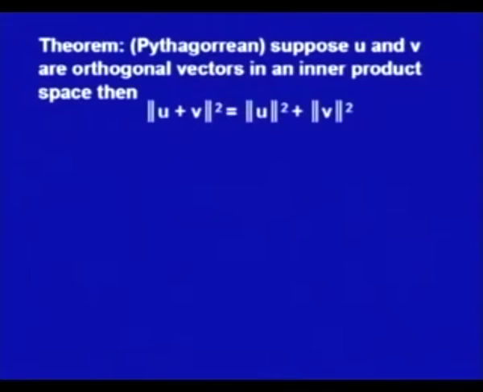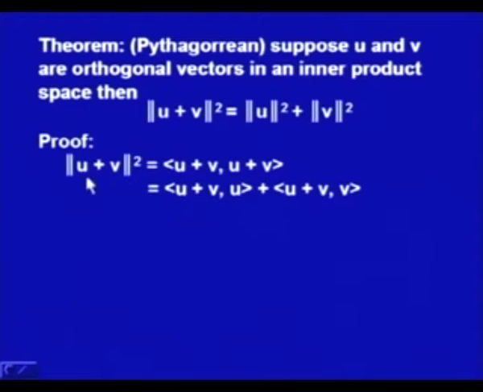Now, we have some more results on inner products. The first result is that the norm of u plus v squared is equal to the norm of u squared plus the norm of v squared. To prove this, we consider u plus v squared, which is u plus v comma u plus v.